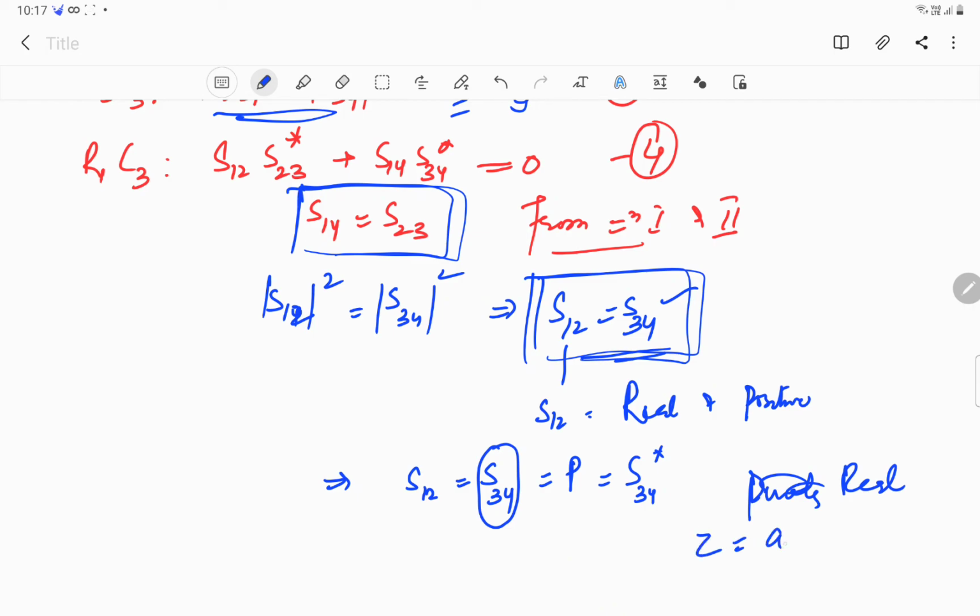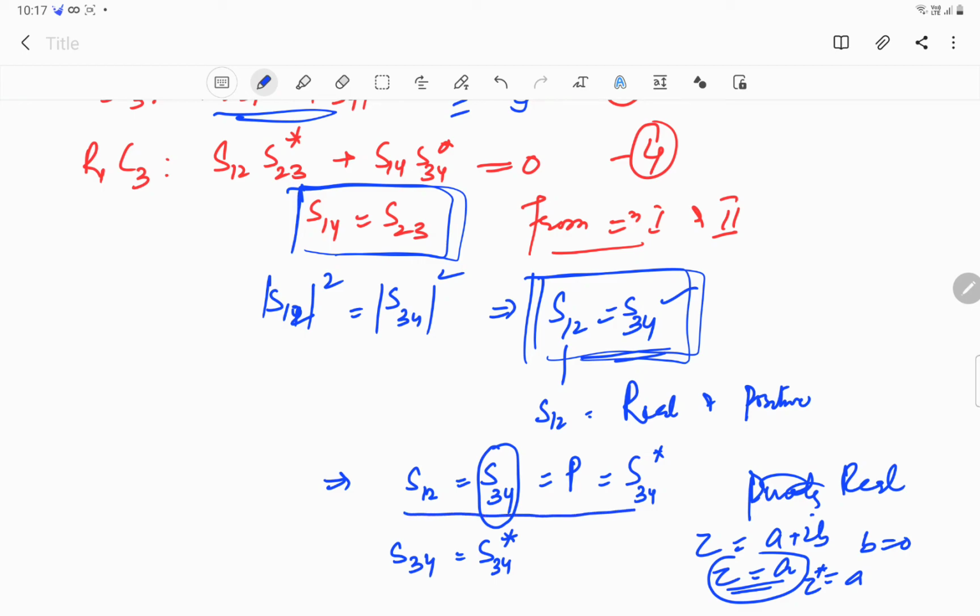If c is a plus jb, if it is purely real, means b is 0, so the complex number is real. The conjugate of a complex number which is real is the same number. The conjugate would be again the same real part. So that means s34 would be same as s34 conjugate. So in this case, s12 is s34 is p, which is a real quantity, has to be same as s34 conjugate.